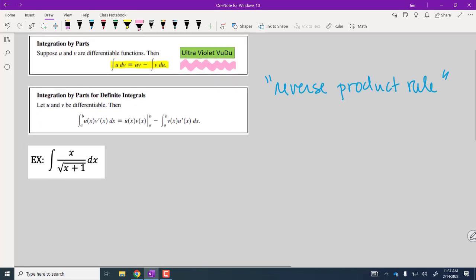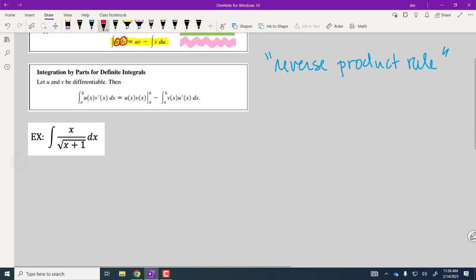What we do with integration by parts is identify a u and identify a dv, and then fill in the blanks. What do I mean by that? All right, here we go. We're going to set up a little table. What we need to do is identify u and dv.